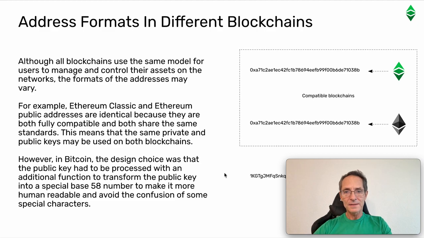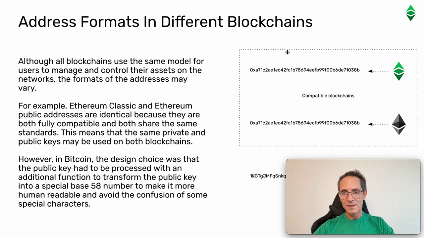Address formats in different blockchains. Although all blockchains use the same model for users to manage and control their assets on the network, the formats of the addresses may vary. For example, Ethereum Classic and Ethereum public addresses are identical because they are both fully compatible and both share the same standards. This means that the same private and public keys may be used on both blockchains.